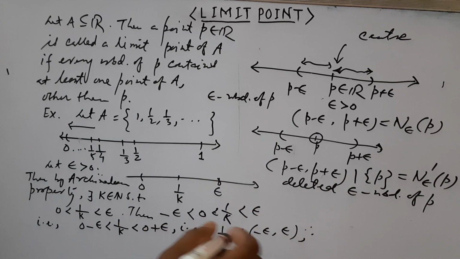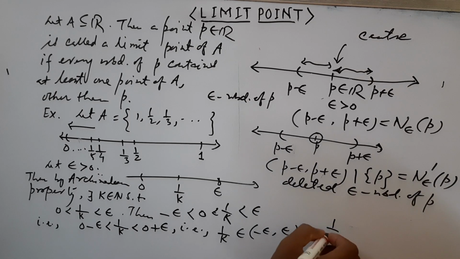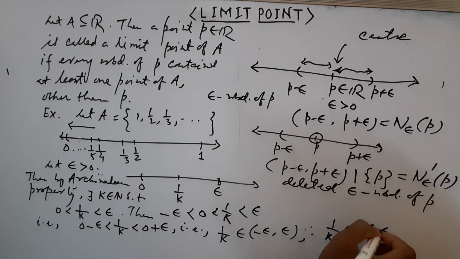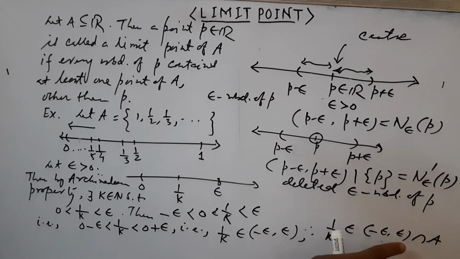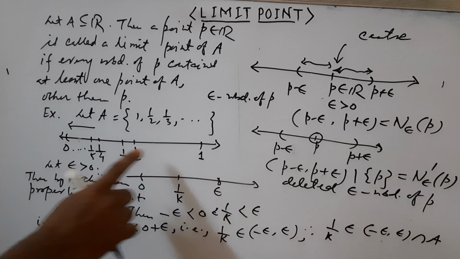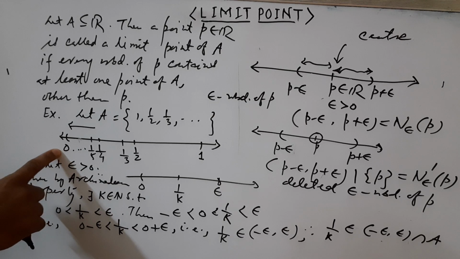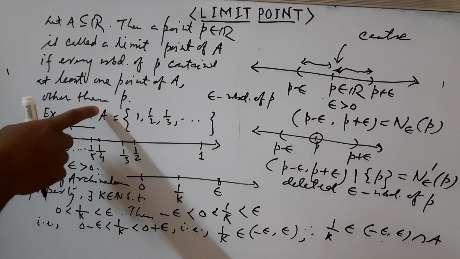Therefore 1 by k belongs to the interval minus epsilon, plus epsilon, intersection with the set A. So this neighborhood contains a point of A, 1 by k, and 1 by k is different from 0. Also here 0 is not in A.